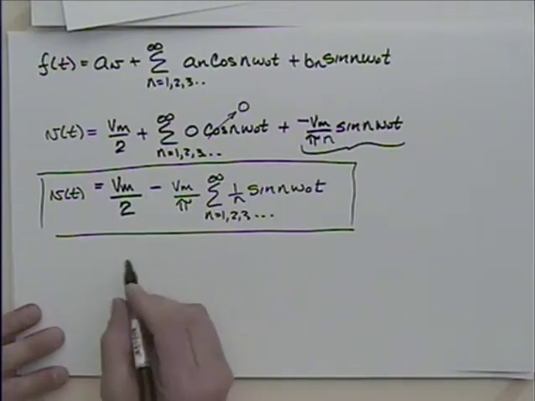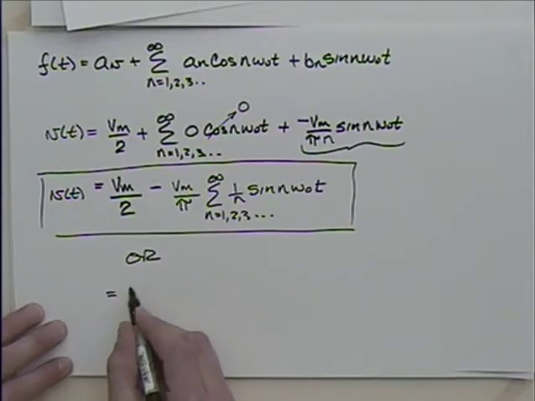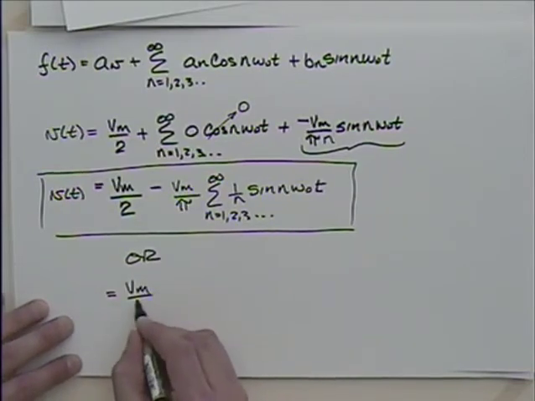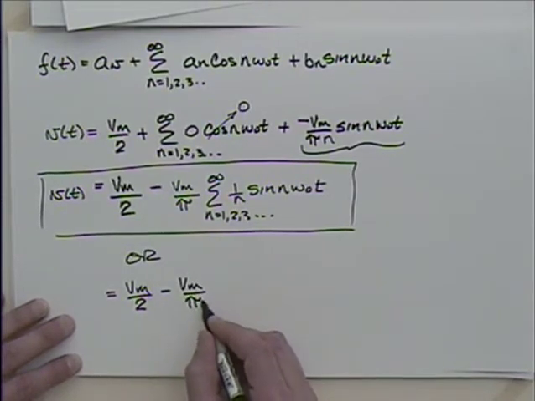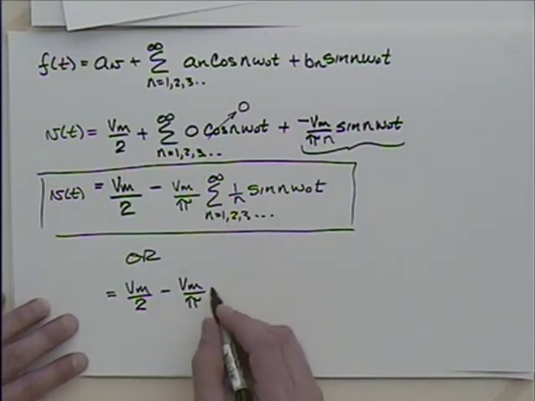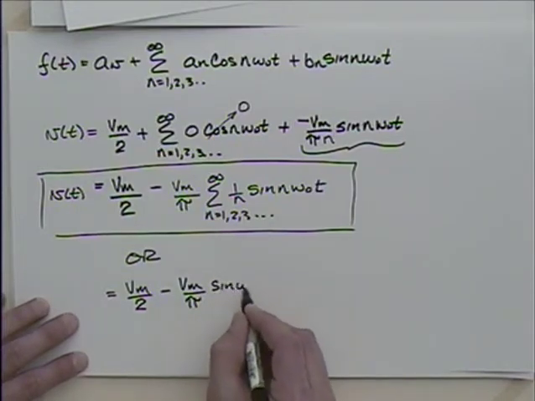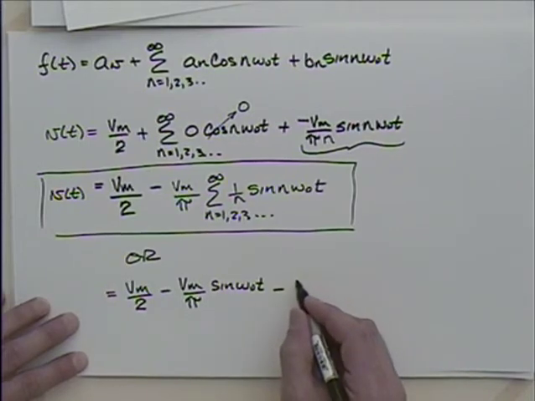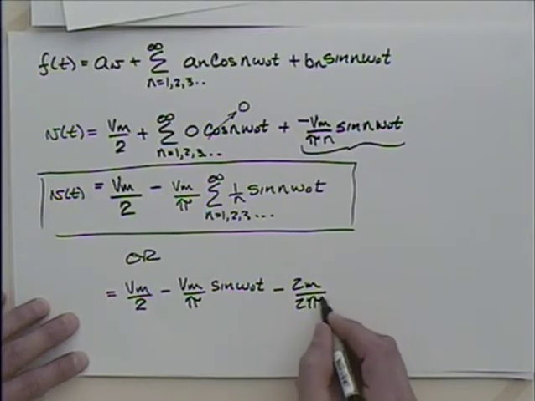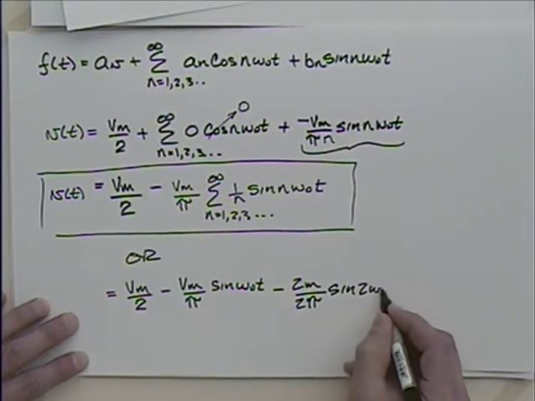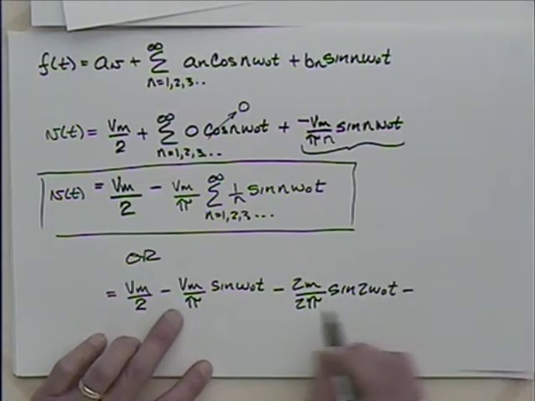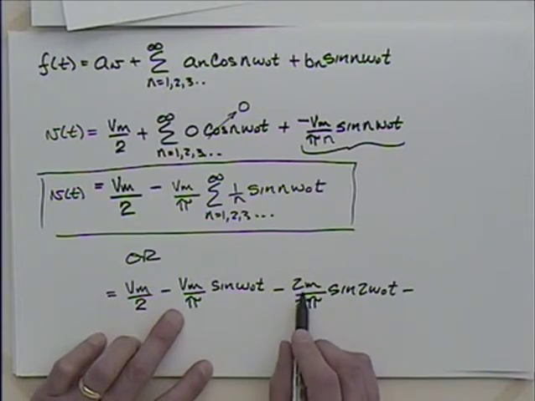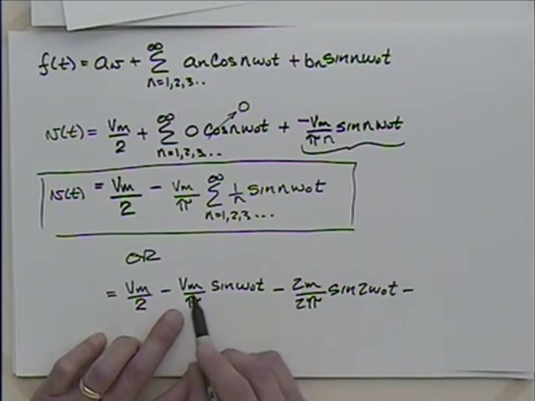Now we could express it a little bit differently if we wanted to. Go ahead and say that we have Vm over 2 minus Vm over pi, and I'll put an n in here. n is equal to 1 for the first one, so sine omega naught t, then minus Vm over 2 pi times the sine of 2 omega naught t, and then minus, did I get that right? I don't think I should have that 2 in there, should I?